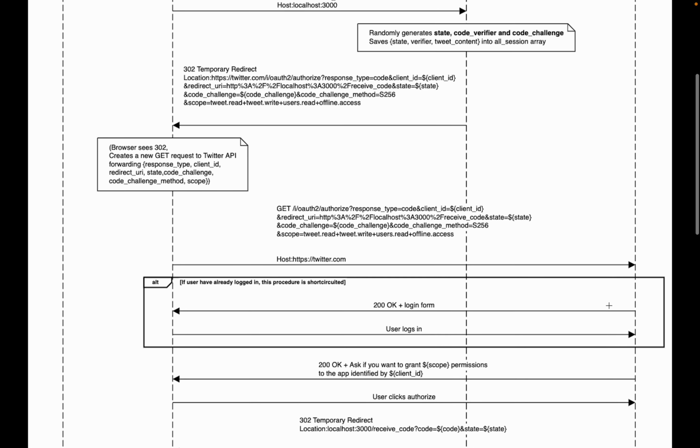So if the request URL is localhost 3000 slash, we're going to create a read stream to read in the HTML, which is this HTML. This is the page containing the form for the user to fill out.